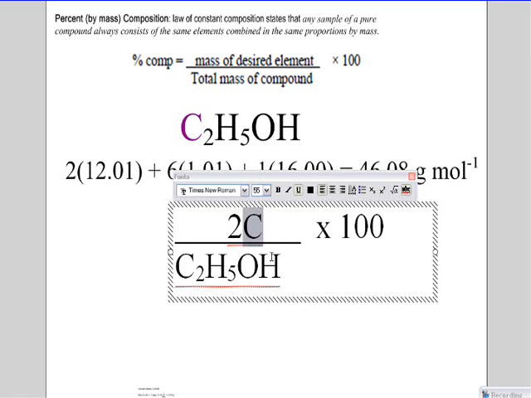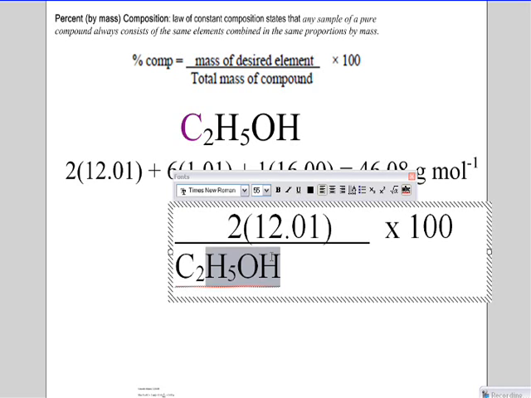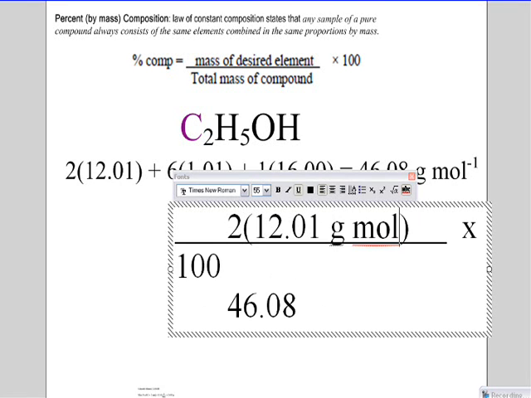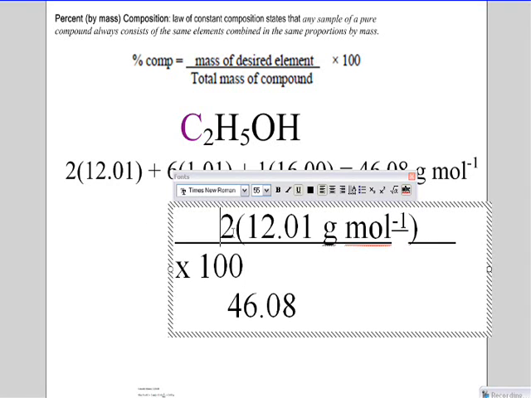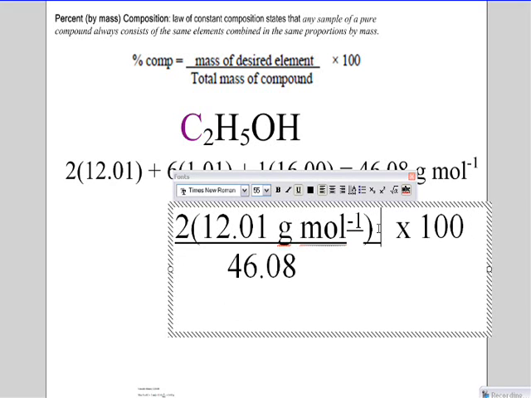From the periodic table, again, carbon is 12.01. Ethanol, this is what we calculated above. It's going to be 46.08. And since I'm the teacher, I should probably be thorough. We'll make sure I include these units. You do calculations, but I should probably model better behavior. And grams per mole.